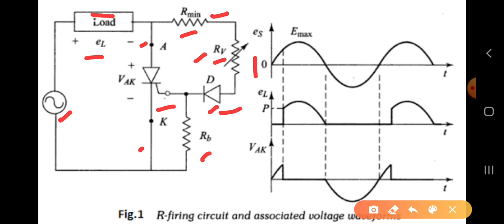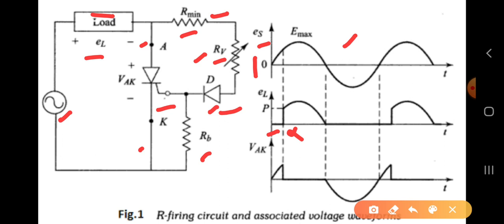Here the waveform is given. Supply ES is nothing but the supply voltage. There is a sinusoidal wave given as the sine wave supply voltage, and at the load EL, you can say this is the firing angle. I can also mention this as alpha.